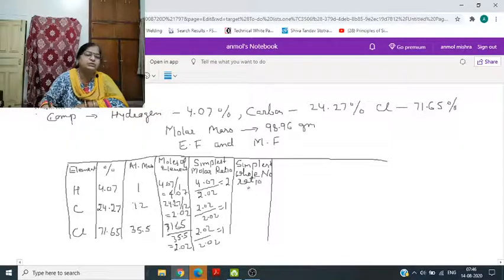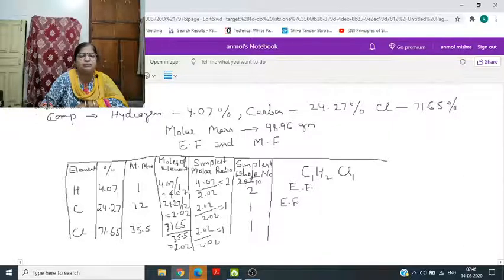So the ratio will be 2, 1, 1. It means carbon 1, hydrogen 2, and Cl 1. So this is the empirical formula. Now we will calculate the empirical formula mass.